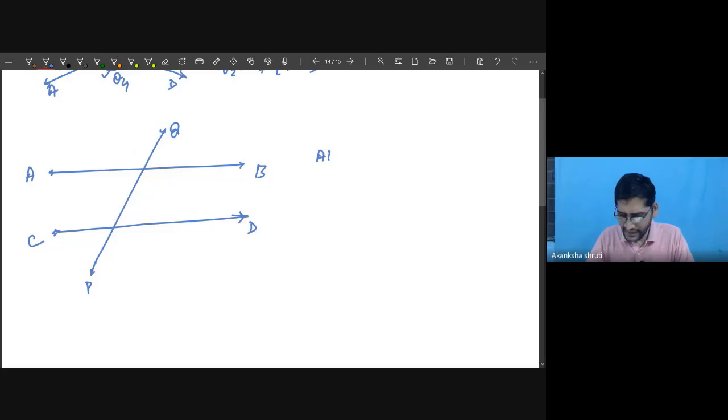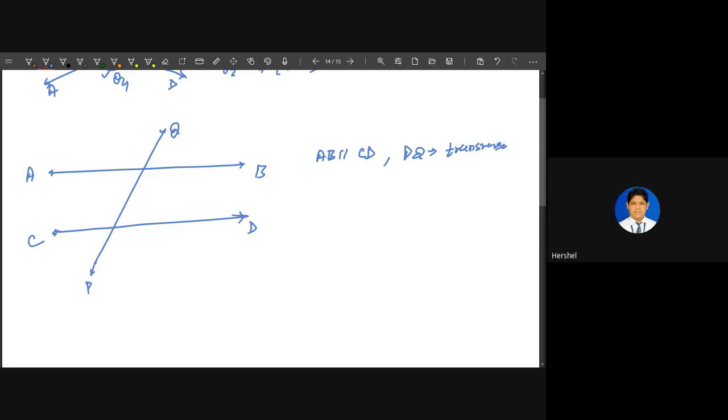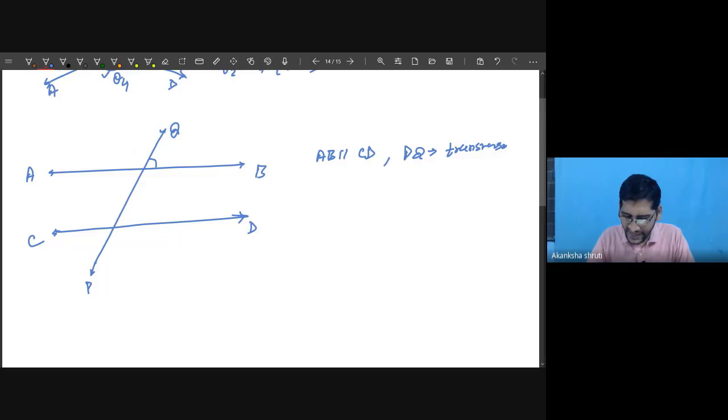So AB is parallel to CD, while PQ is called the transversal. If it is parallel, then let us call these angle 1, angle 2, angle 3, angle 4, angle 5, angle 6, angle 7, angle 8. So in total these 8 angles are possible.